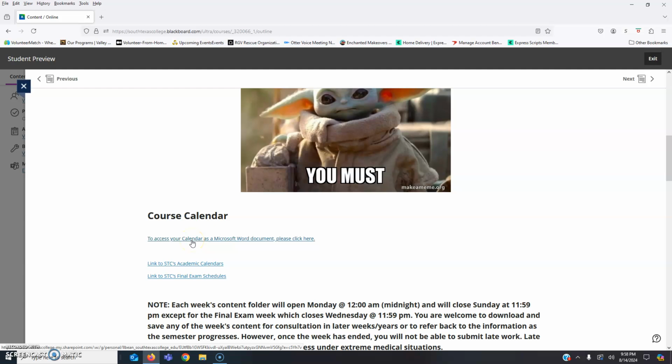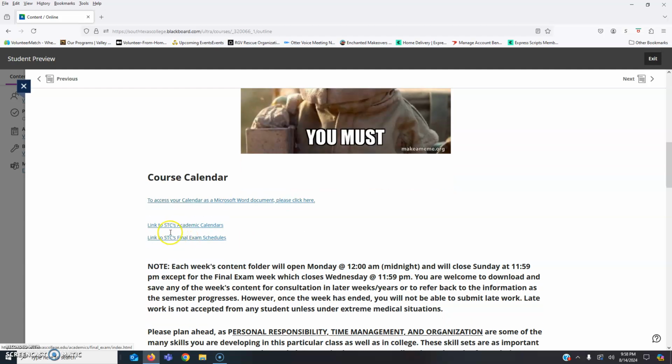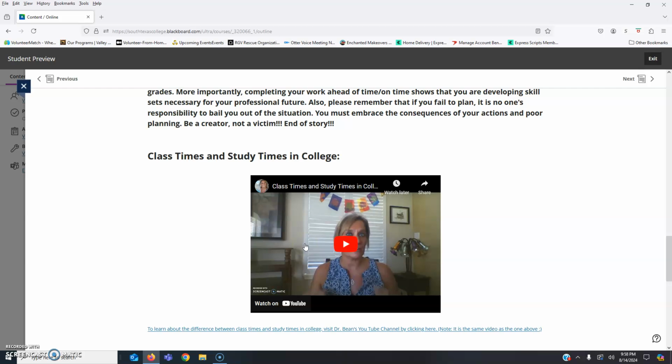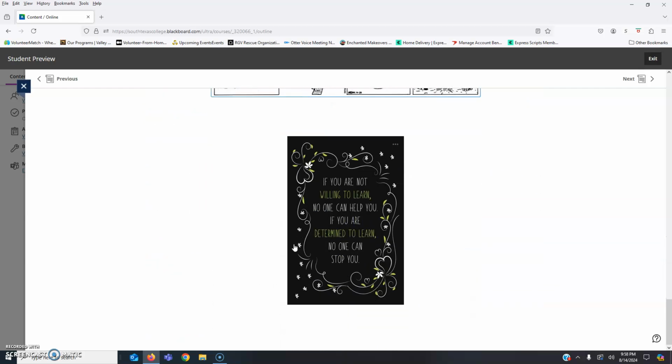The calendar is also available in the syllabus format. Print those out and always have them available as we go through the weeks and the months ahead. There are also links to STC's academic calendar and the final exam schedules. There's some other information here, as well as a video about class times and study times in college.